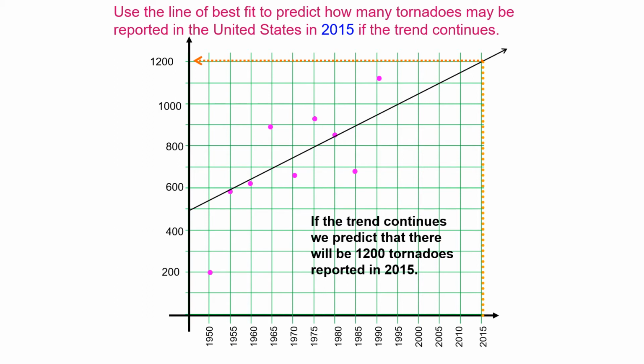If we assume that this trend continues, maybe we can find the value for the year 2015, since it is not given in our question. We can predict what that value is going to be. The approximate value is 1200. And the value, say, for 1972, which is not given in our data, can also be predicted using this line of best fit.